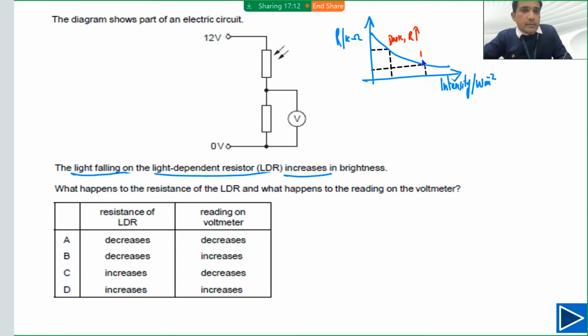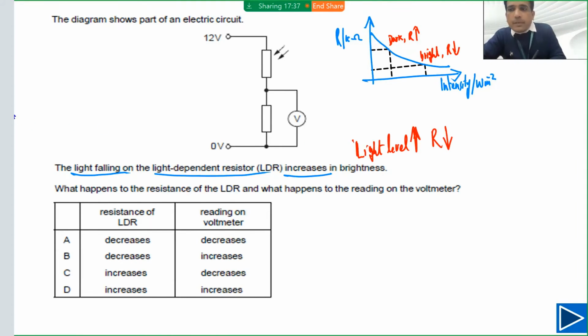And when it is bright, light level is higher, bright daytime, resistance is low. So resistance will decrease as brightness increases. We can write down here again, as light level increases, the resistance decreases. So they are inversely proportional.